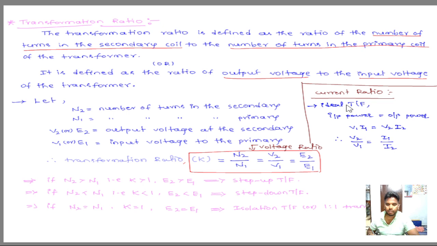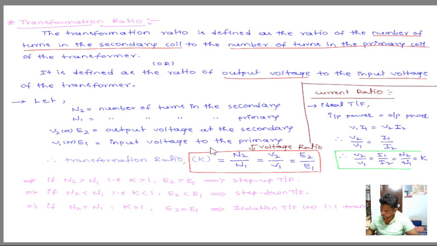And the same, V2 by V1 is equal to I1 by I2 is equal to N2 by N1 is equal to K. This is also the transformation ratio in terms of current ratio, the transformation ratio defined for current. It is defined as the ratio of primary current to the secondary current.